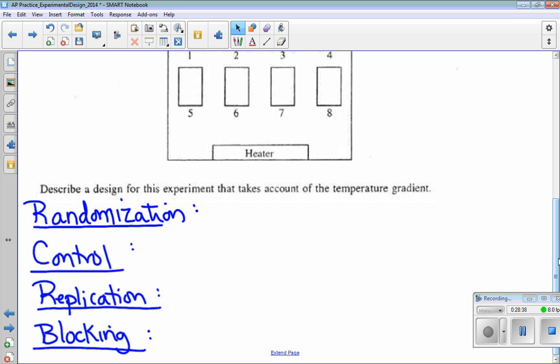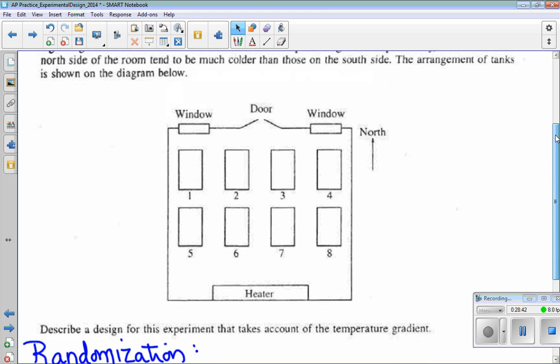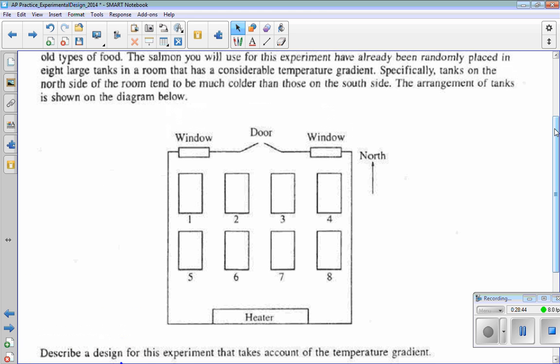Now, if you look at the way the tanks are organized here, I'm going to pair some tanks. Do you agree that tank 1 and tank 4 have similar exposure? Yes, because they're both near a window. Do you agree that tanks 6 and 7 also have similar exposure? Because they're both right in front of the heater.